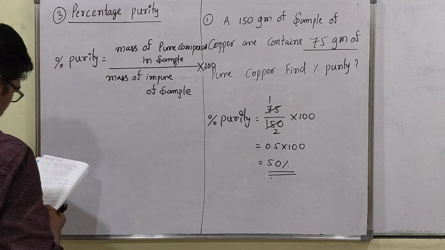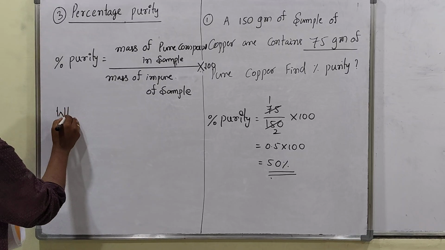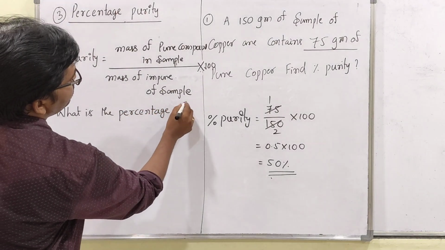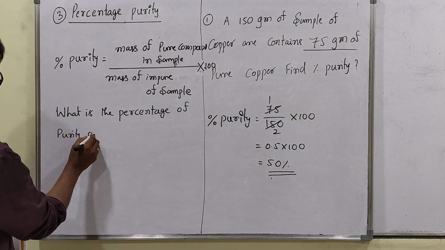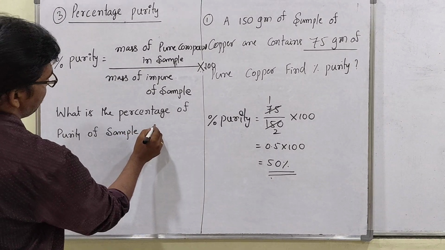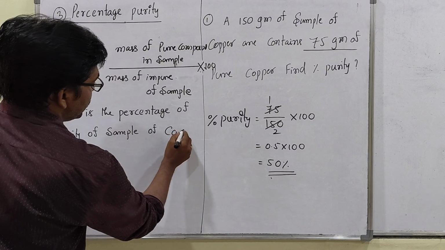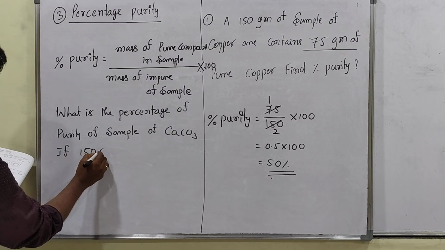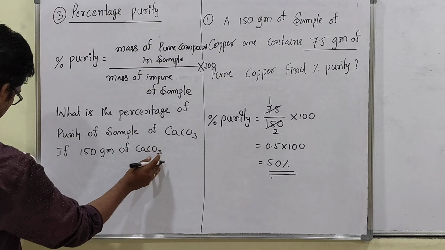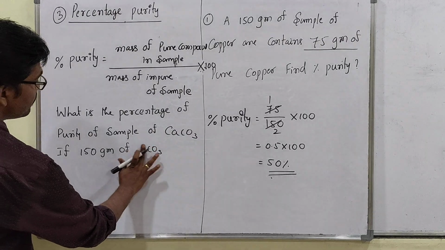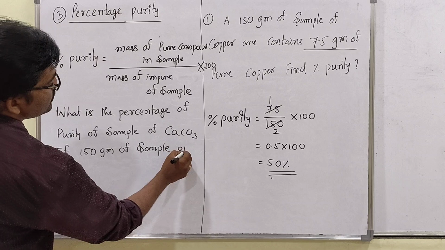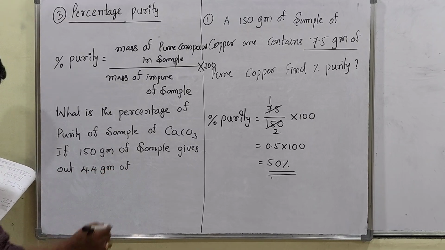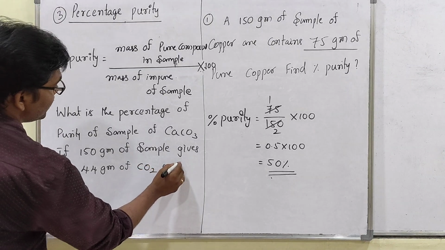So look at, my dear students, one more question is there based on it, so that also we'll discuss. What is the percentage of purity of sample of CaCO3 if 150 grams of sample gives out 44 grams of CO2 on heating?